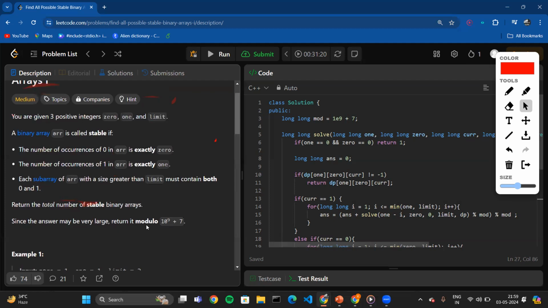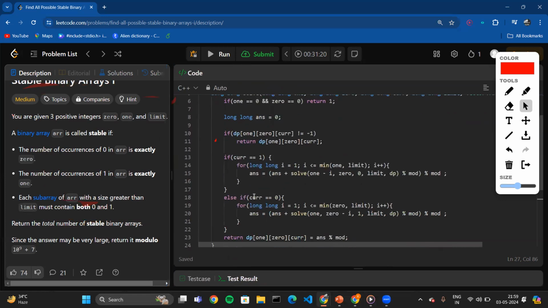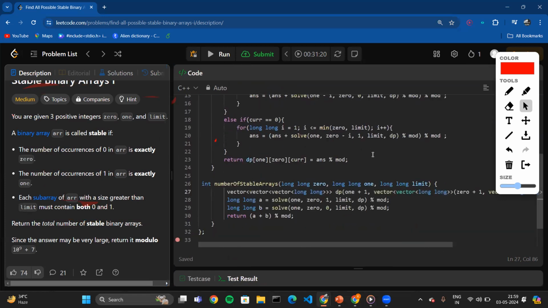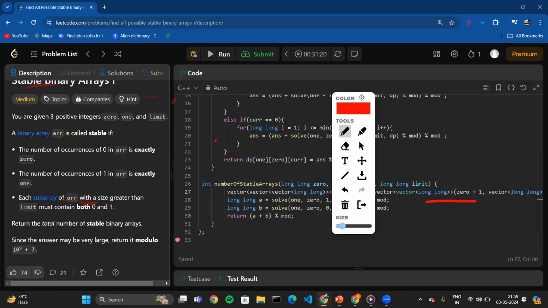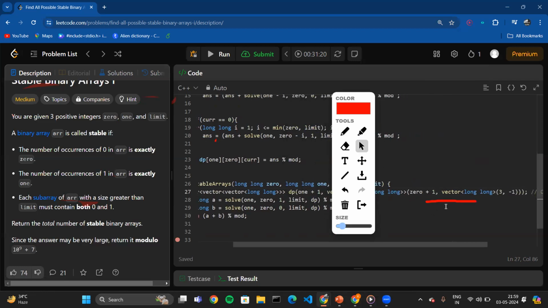Clearly, the question boils down to selecting 0 or 1. And a selection from two ways gives a direct indication that we need to apply DP here. Now let us see what we actually need. We need the number of zeros in the array till now, the number of ones in the array.